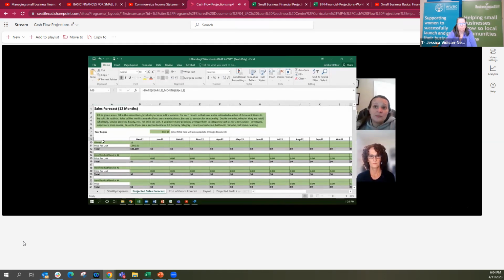Within your column A here, all you have to do is fill in these green columns, but these are going to be all of your additional revenue streams. So if you are selling gloves, for example, how many gloves do you plan to sell? If you are selling services, packages of photography, for example, maybe you sell 2 packages of photography for $139 a package.